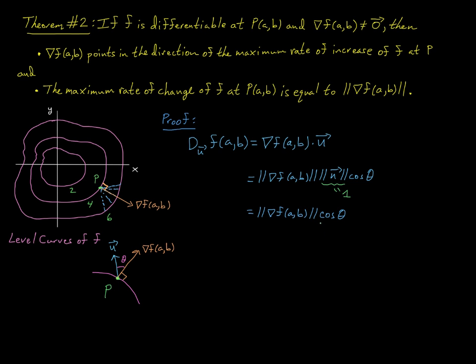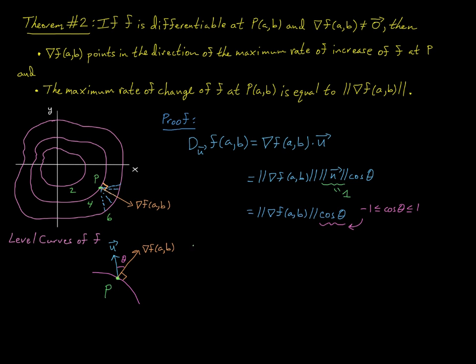I want the cosine to be as large as possible, because I can change u by just changing this angle. And how big and how small can cosine be? Well, it's bounded between -1 and 1.